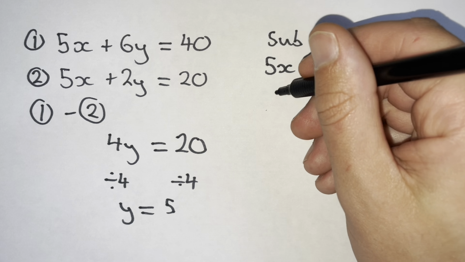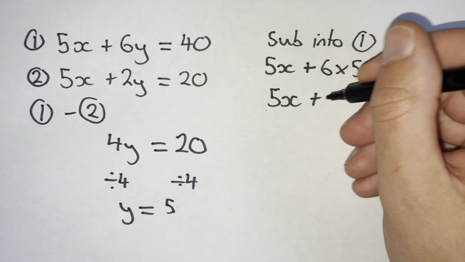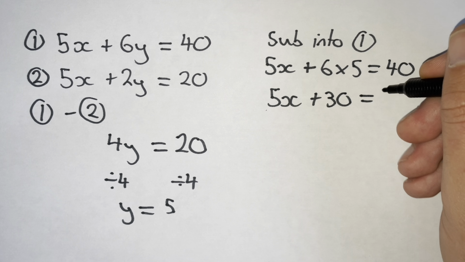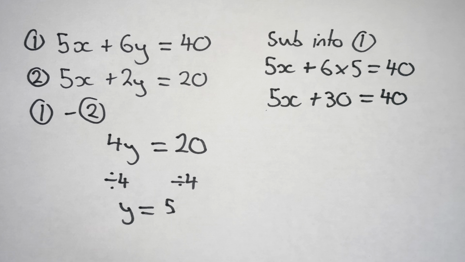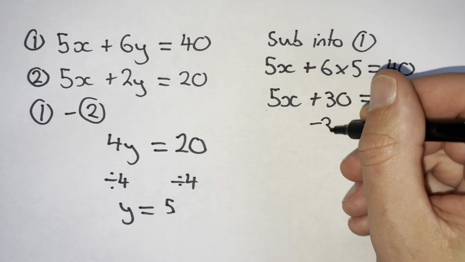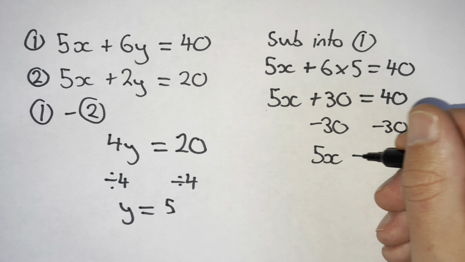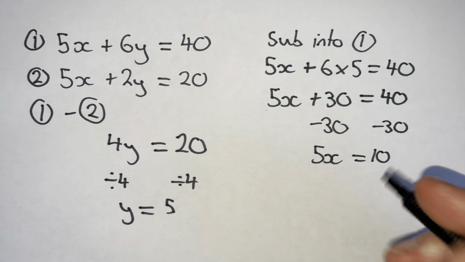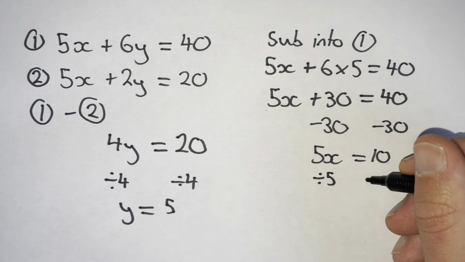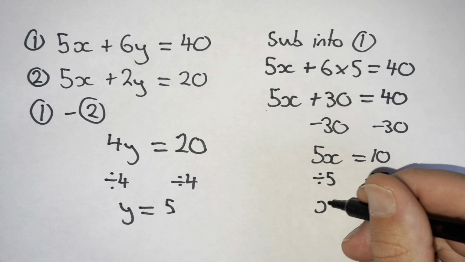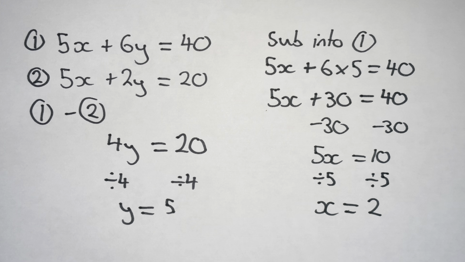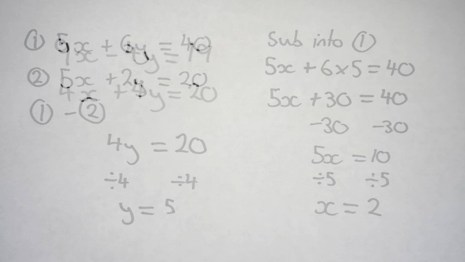Well, 6 times 5 is 30, so this is 5x plus 30 equals 40. And I can solve this two-step equation by subtracting 30 from both sides. That gives me 5x equals 10, and then dividing by 5, leaving me with x equals 2. So my solution here is x equals 2 and y equals 5.